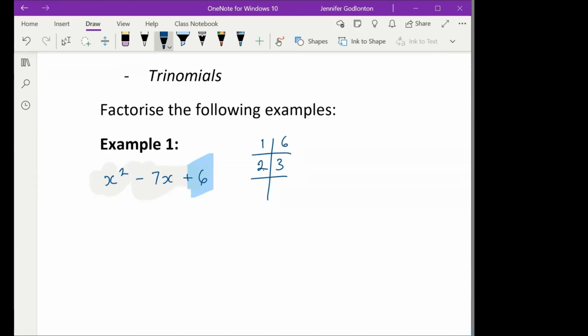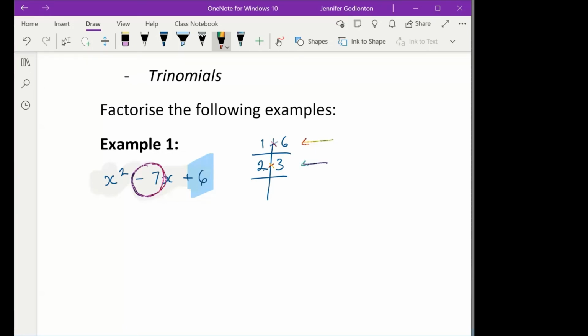And a factor pair is just, if I multiply those together, I would have to get 6. Okay. And then we look at those numbers and we think, which pair, the first pair, 1 and 6, or the second pair, 2 and 3, would get me to -7 if I added or subtracted them? So which pair do you think it is? Do you think it's this first pair, or do you think it's the second pair?